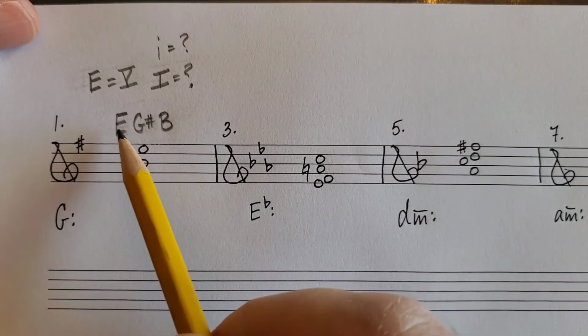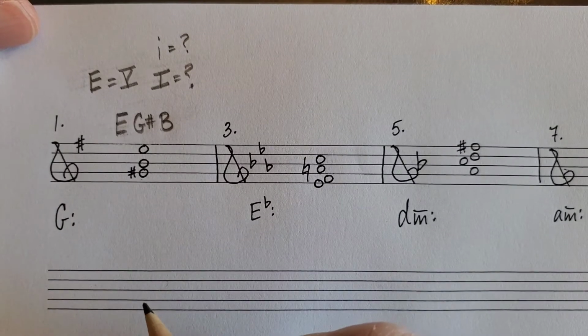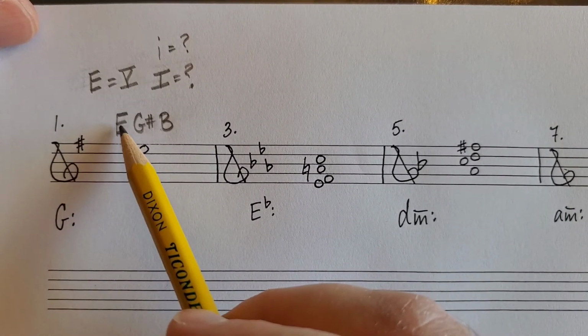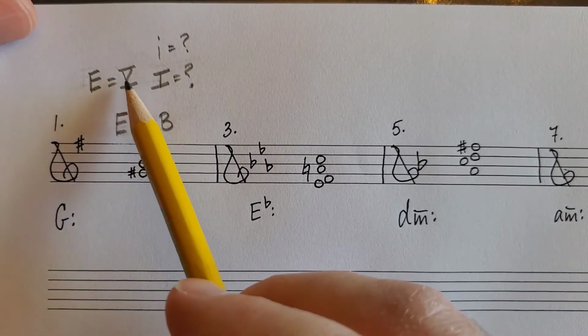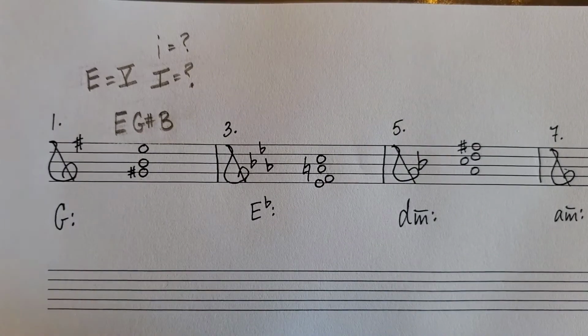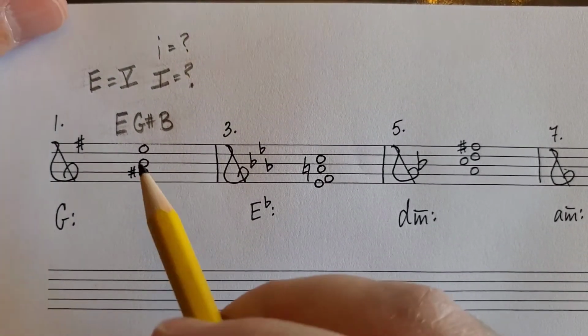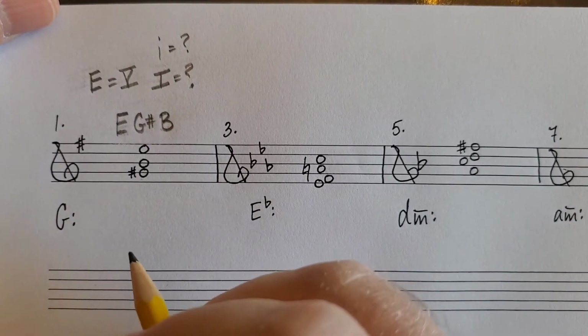Okay, so if E is 5, 1 is A. How do I know that? Well, the quickest way to think about it is just go up a fourth, right? Because if you're on the 5 chord and you want to get to 1, you just go up 4, 5, 6, 7, 1, right? So if this is 5, the temporary 1 is A.